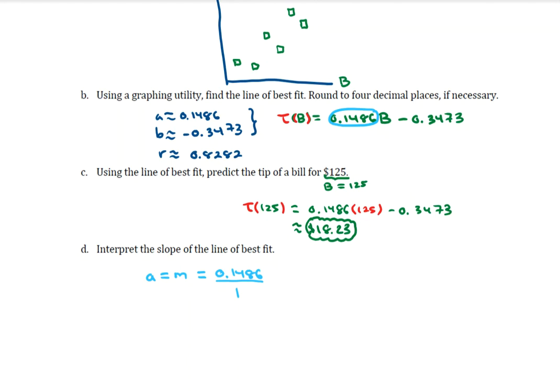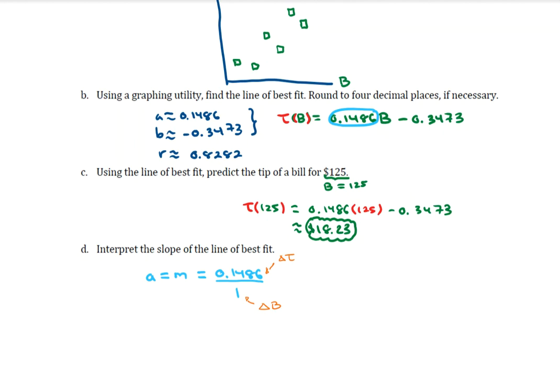Well, in this case, delta y is given as the value 0.1486, and that's actually delta t, because the y values here represent all the different tip amounts. And then the 1 represents delta x, or in this case delta b, because the x values are being represented by the different bill amounts.